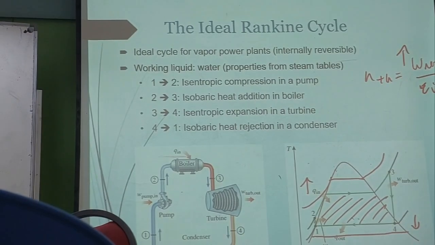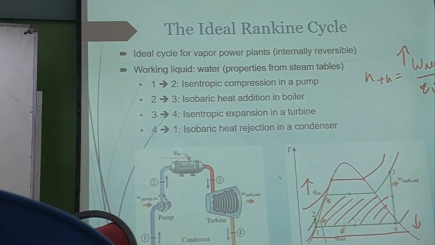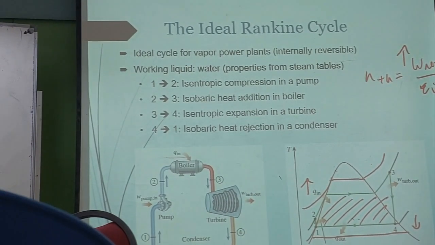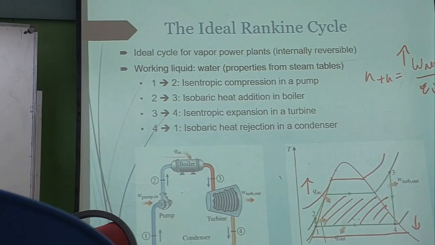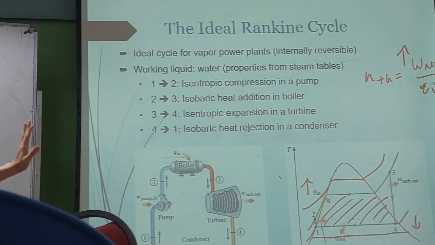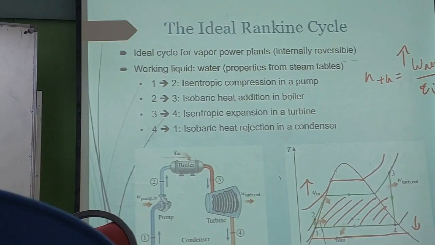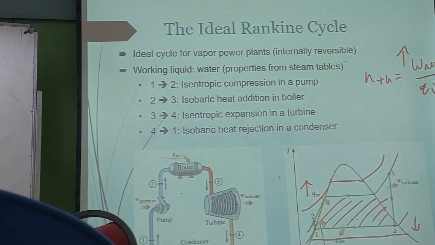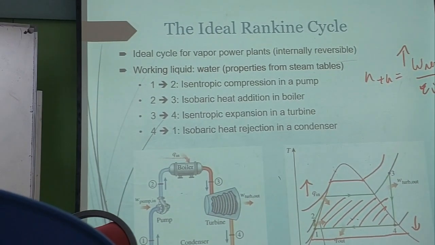That's the general idea. Of course, again, if you increase the temperature, Q in will actually increase also. It's just that probably it won't be as much. So we want the area under the graph to increase. That's how we can increase the work out and also the thermal efficiency.